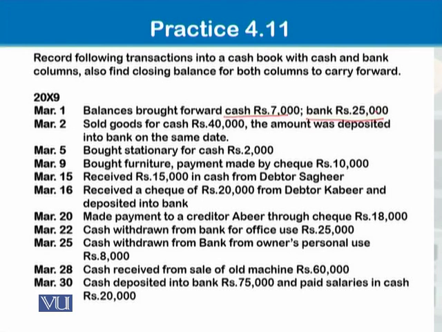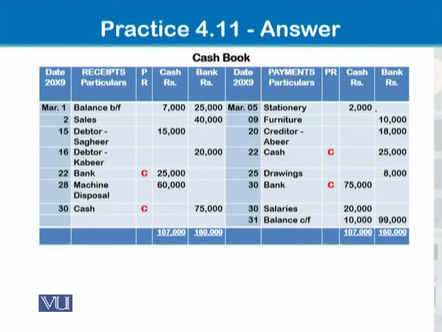We have already discussed that it goes on the receipt side. These are two columns, and this is the dividing line which divides the cash book into the receipt side and the payment side.